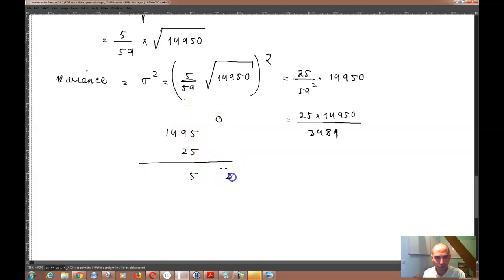Working through the multiplication digit by digit, 2 times 5 is equal to 10, and so on.